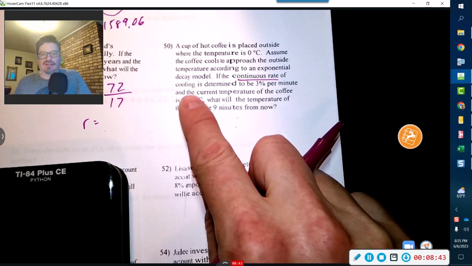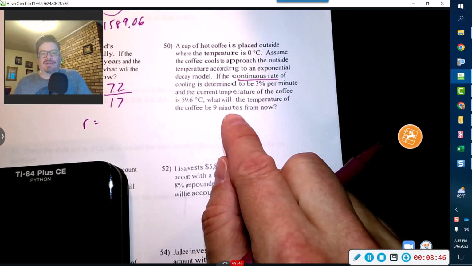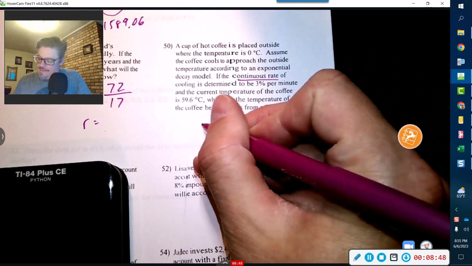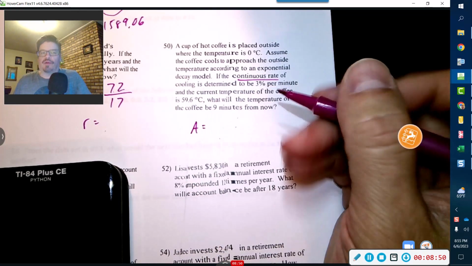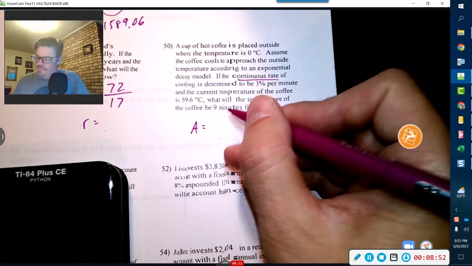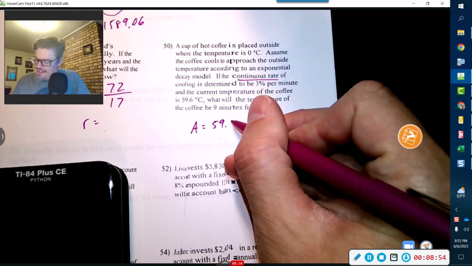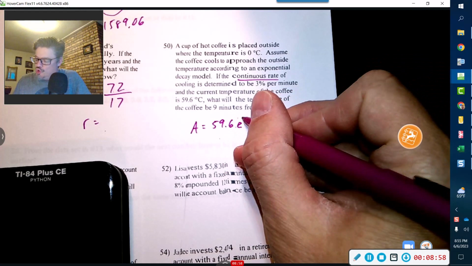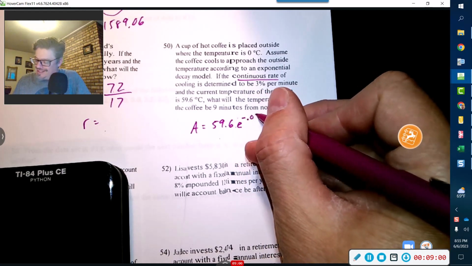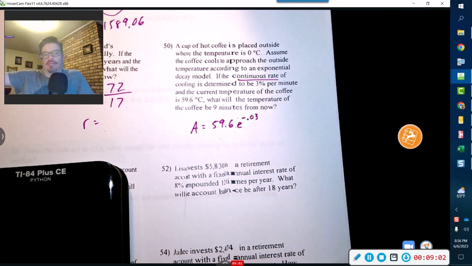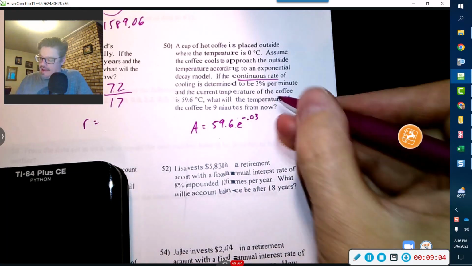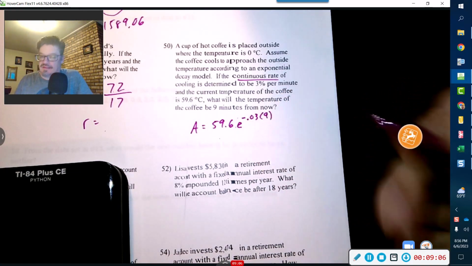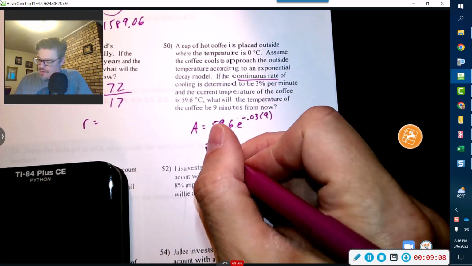So as it's going towards 0, what is it going to be 9 minutes from that? So we have the amount. Well, the amount is the temperature, but we started with 59.6 degrees. Okay, we are now going to drop by 3% every minute, and we're going to be out there for 9 minutes.